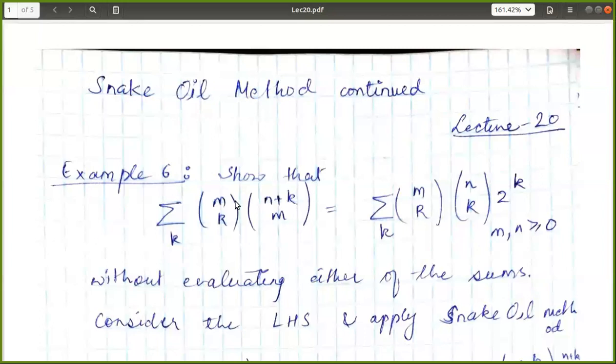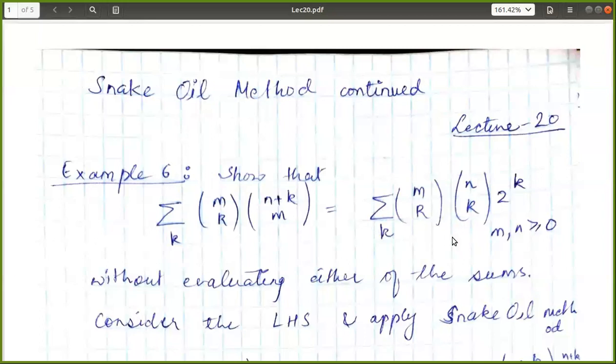Right? So suppose f(x) is the generating function for this one and g(x) is the generating function for this one. Then that really means that this is the sequence of coefficients for the generating function f, and this is the sequence of coefficients for the generating function g, right?